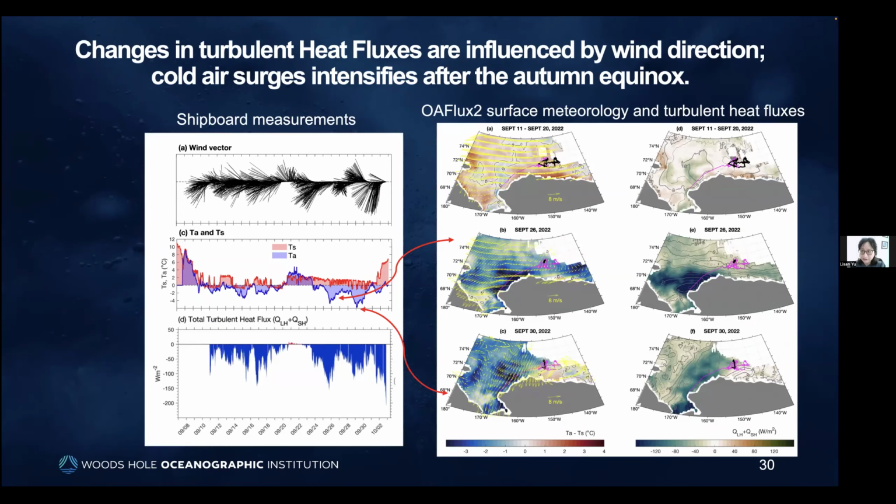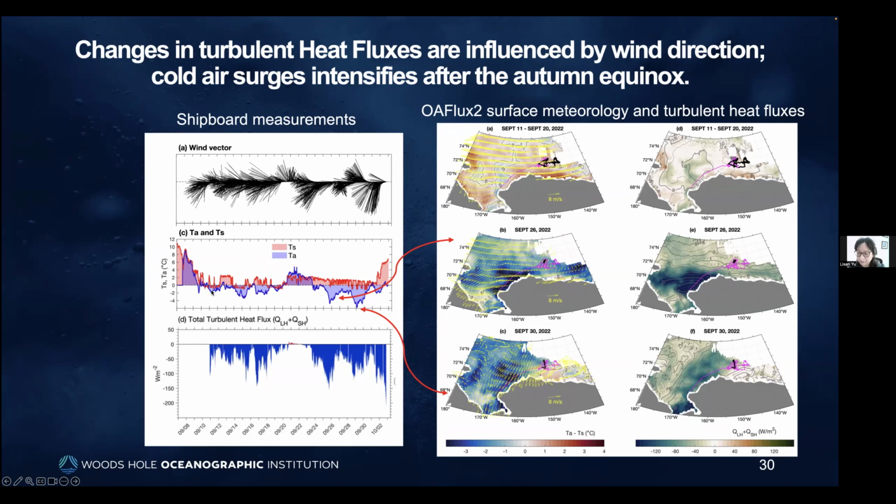During this time, you may wonder how the change of turbulent fluxes is influenced by solar radiation or these astronomical cycles. On the left are the ship observations. We can see the surface temperature, Ts, in red, and the air temperature, Ta, in blue.